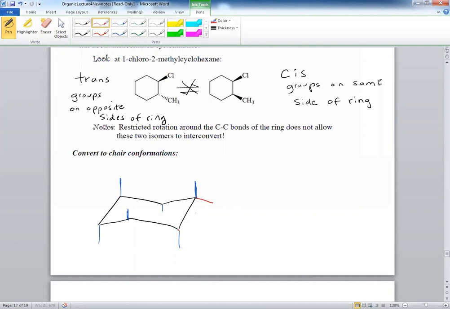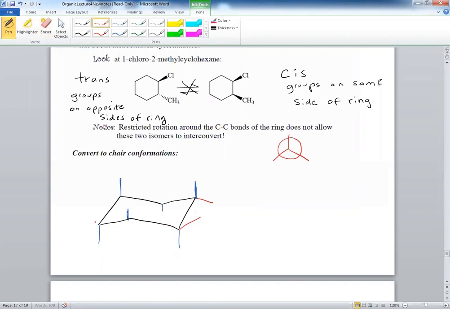This one would not be down because it would not make the angles that you need to have. So this would be along that angle like there.